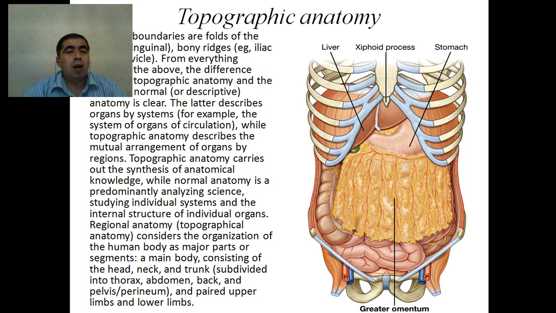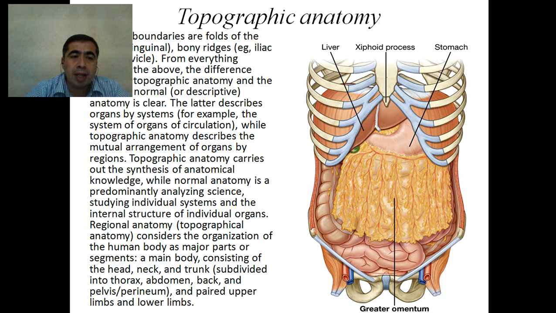And about these natural boundaries, not artificial or conditional boundaries. Natural boundaries are folds of the skin, for example the inguinal skin fold, or bony ridges, for example the iliac crest and clavicle.